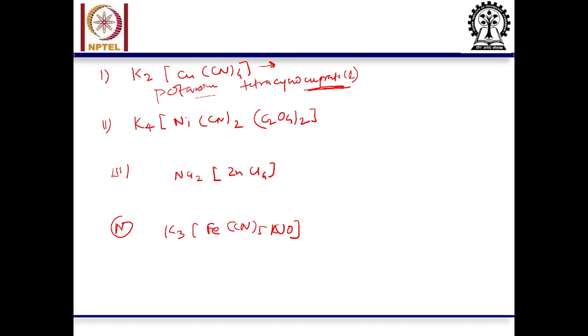Can anyone write the IUPAC name for the second? Potassium... dioxalato nickelate 0.